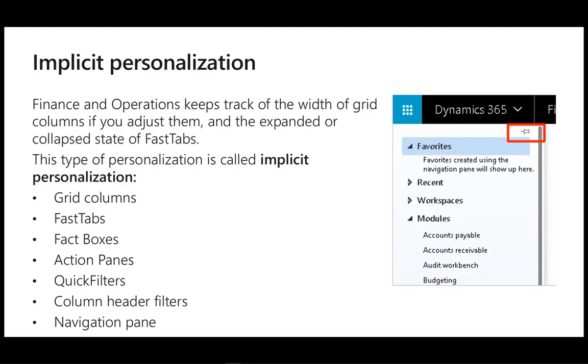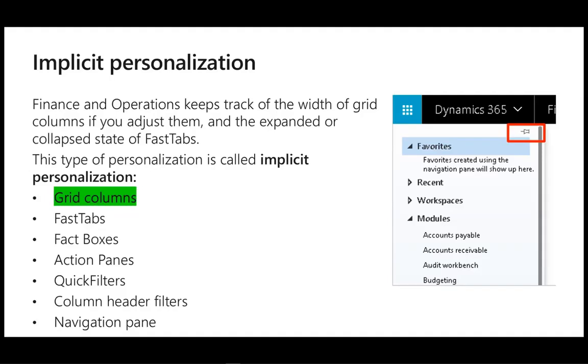For example, if we adjust the column width within a grid or expand or collapse a FastTab and the fact boxes, it will be considered implicit personalization. When the same grid is opened again, Dynamics 365 Finance and Operations retrieves the personalization done on the column, FastTab, and the fact box based on the last interaction with the grid.